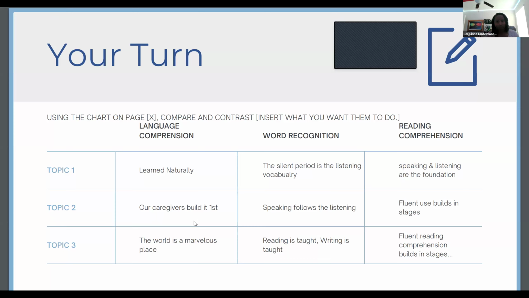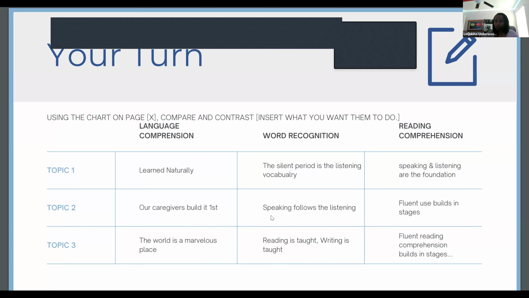Word recognition has a silent period known as listening vocabulary. That's the one we build the most, and that's related to our language comprehension. I'm sitting in a chair, I call it a chair, but if it were another language, say Spanish, they call it a silla. You call it what your caregivers call it. That's a word recognized by listening. Eventually you speak it. So speaking follows the listening no matter what the language, whether it's your first or your second.